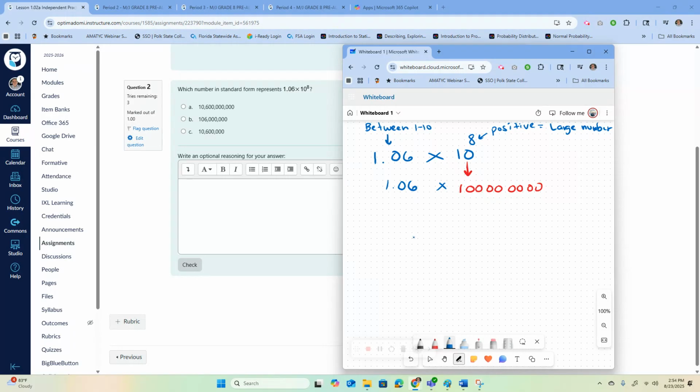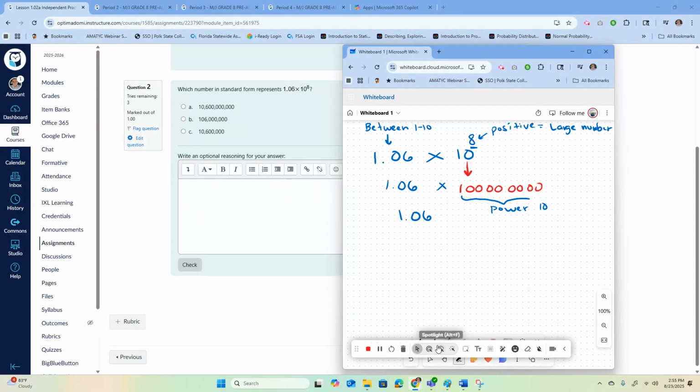Basically, when you multiply that, you're just taking the decimal point of 1.06. This is a shortcut to multiply by powers of 10. We call this a power of 10 because our base is 10. And there's a shortcut to multiply any decimal by a power of 10. Count how many zeros you have, and you can see that I have 8 zeros, which is the exponent.